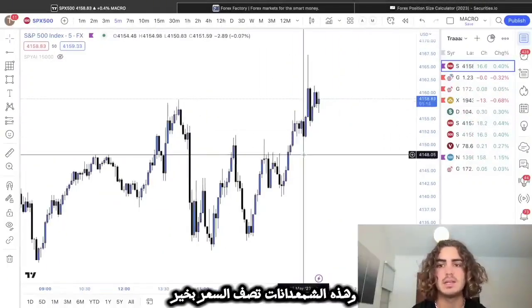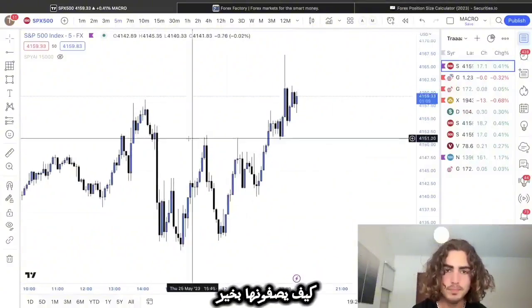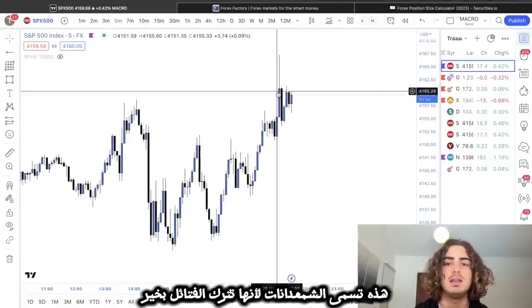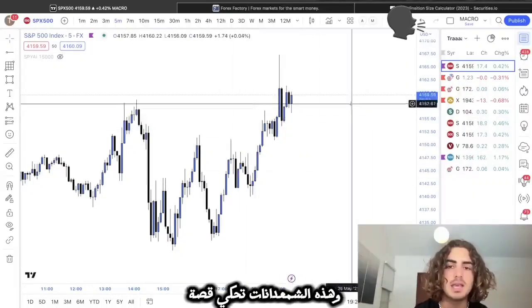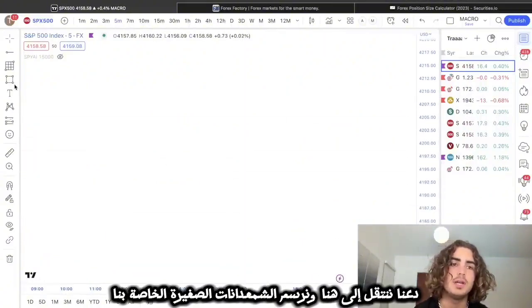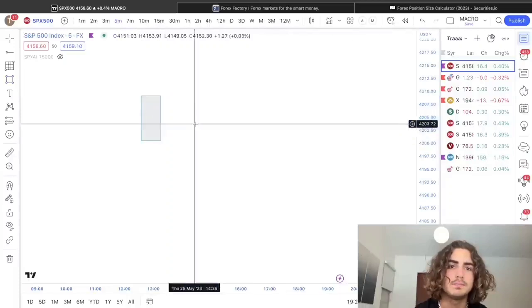And these candlesticks describe price. How do they describe it? Through bodies and wicks. These are called candlesticks because they leave wicks. And these candlesticks tell a story. So, with that being said, let's move over here and draw our own little candlesticks.